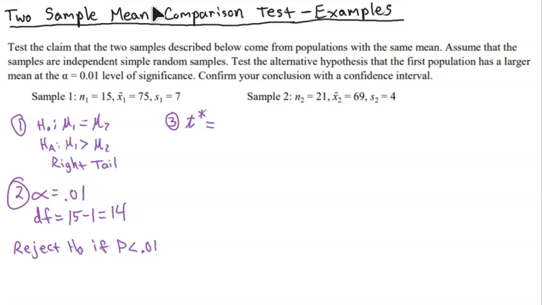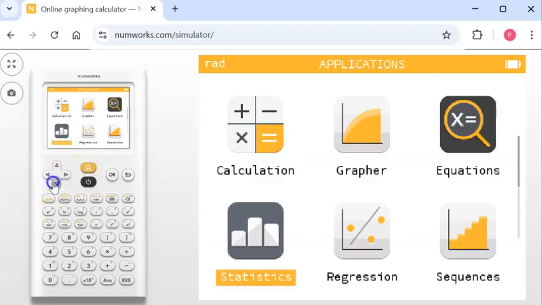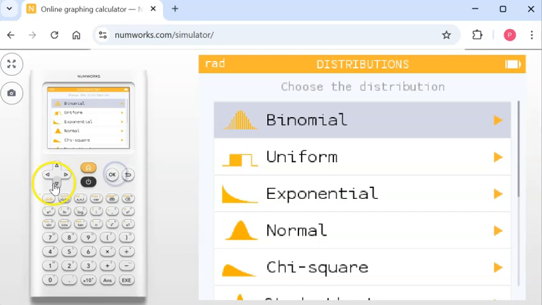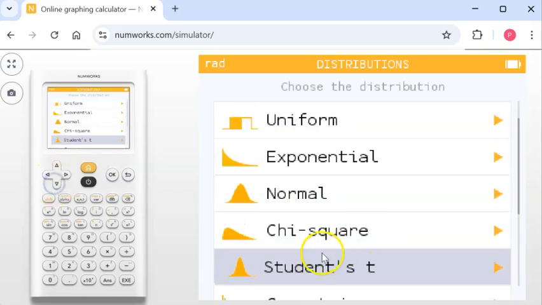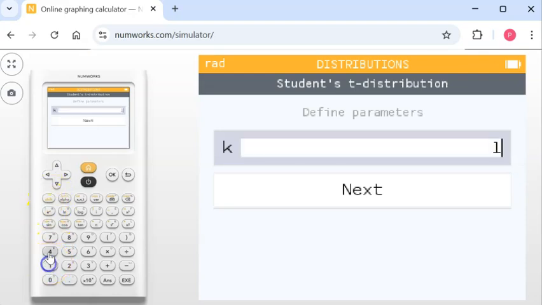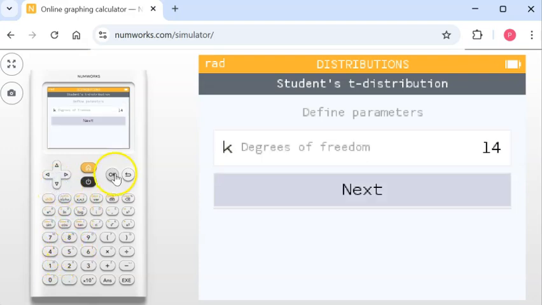Let me remind you, we do that in the NumWorks calculator. We go down to distributions, then to Student's t distribution. If you recall, our degrees of freedom is 14, not 15. N was 15, n minus 1, 15 minus 1 is 14.